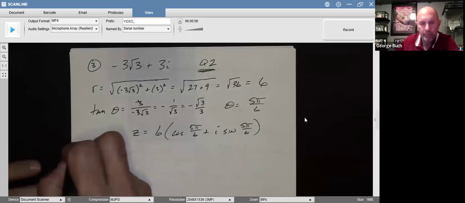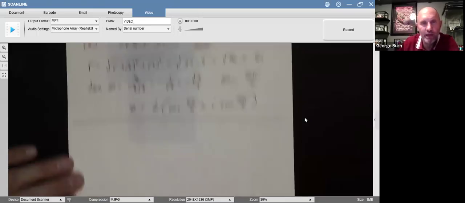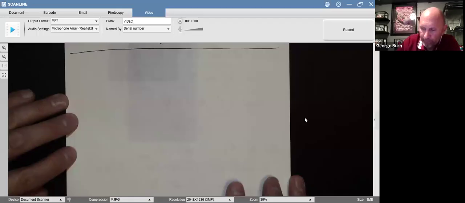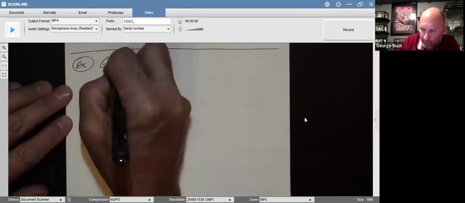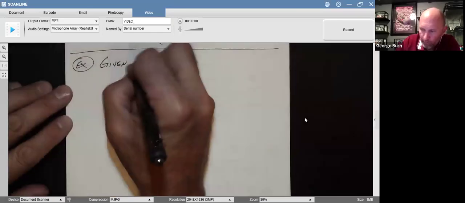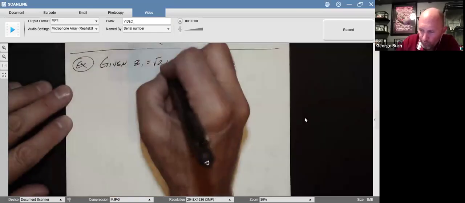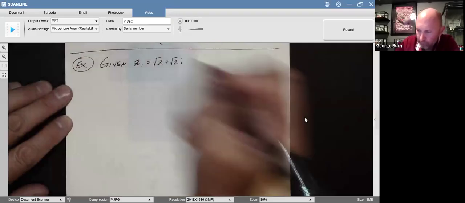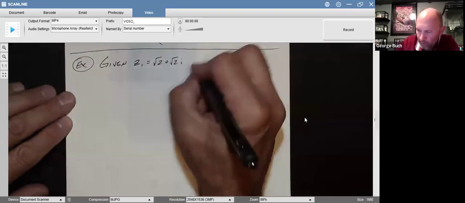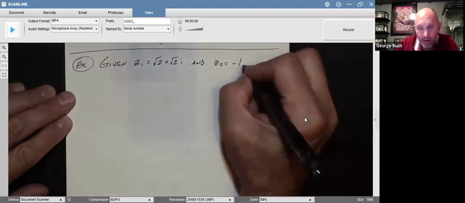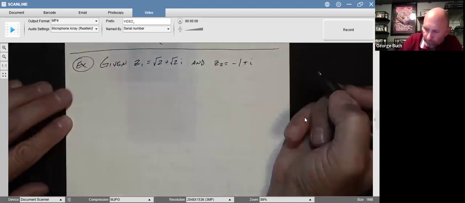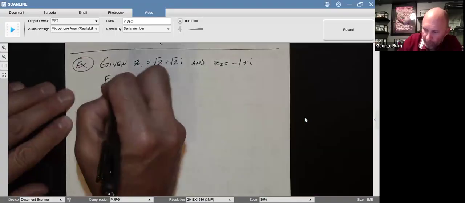All right. Now, the type of problem you're going to see on an exam. So given Z1 is root 2 plus root 2i, and Z2 is negative 1 plus i, find the following.